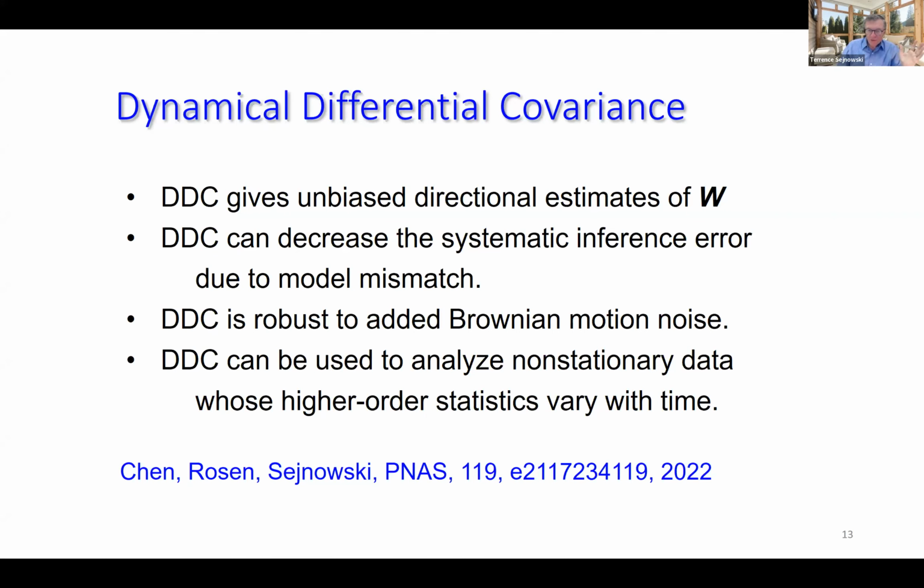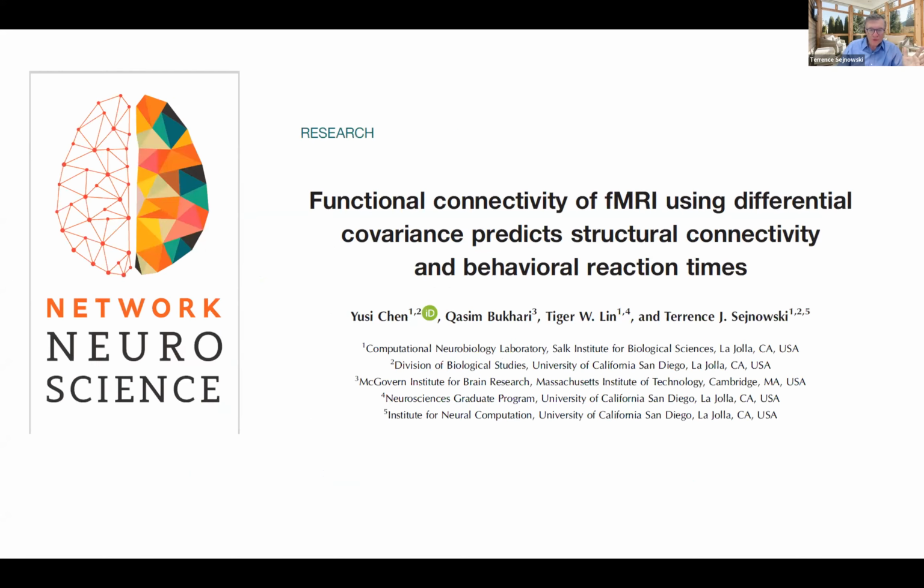Now, finally, and this is for video people, I'm going to give you a tachistoscopic quick run through of recent papers for those who are interested. This one is accepted but not yet published. It's in Network Neuroscience. And this is where we've applied these differential methods to fMRI data and compared it with behavioral reaction times. We can predict reaction times.